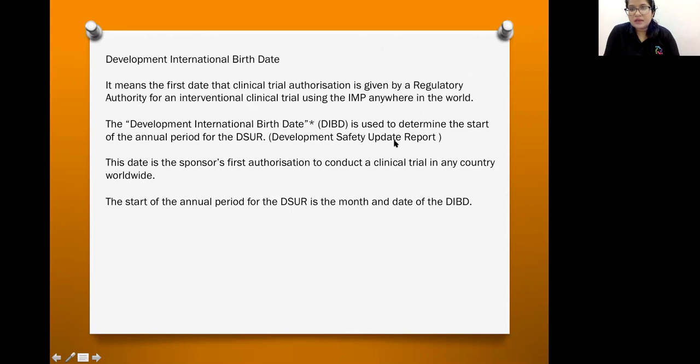That is an aggregate report that is given in the ICH regions. The date is the sponsor's first authorization to conduct a clinical trial in any country worldwide. The start of the annual period for the DSUR is the month and date of the development international birth date.